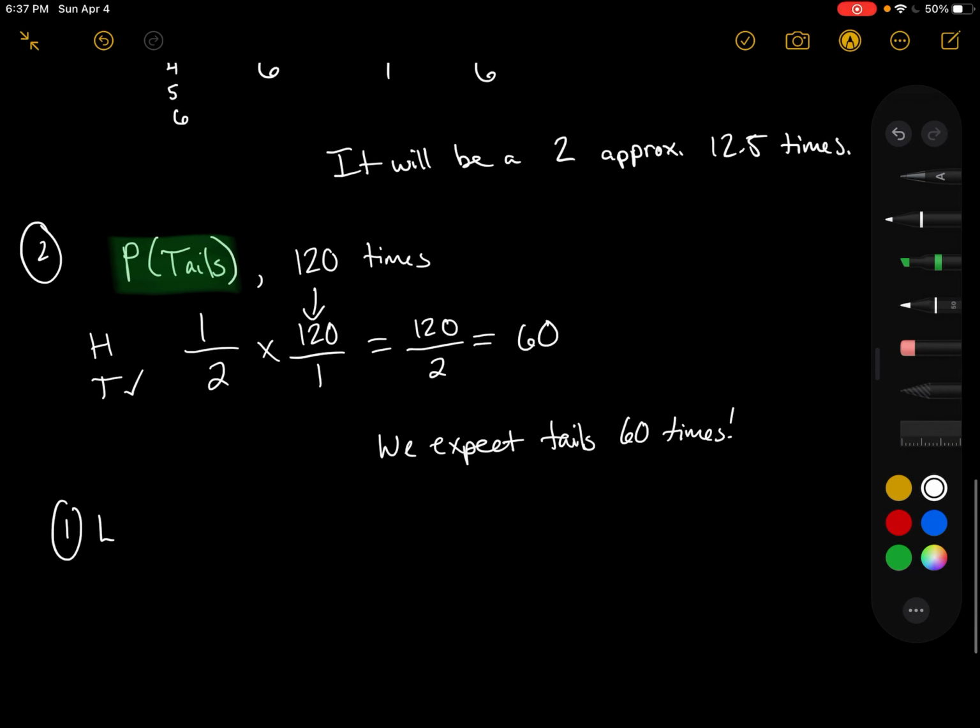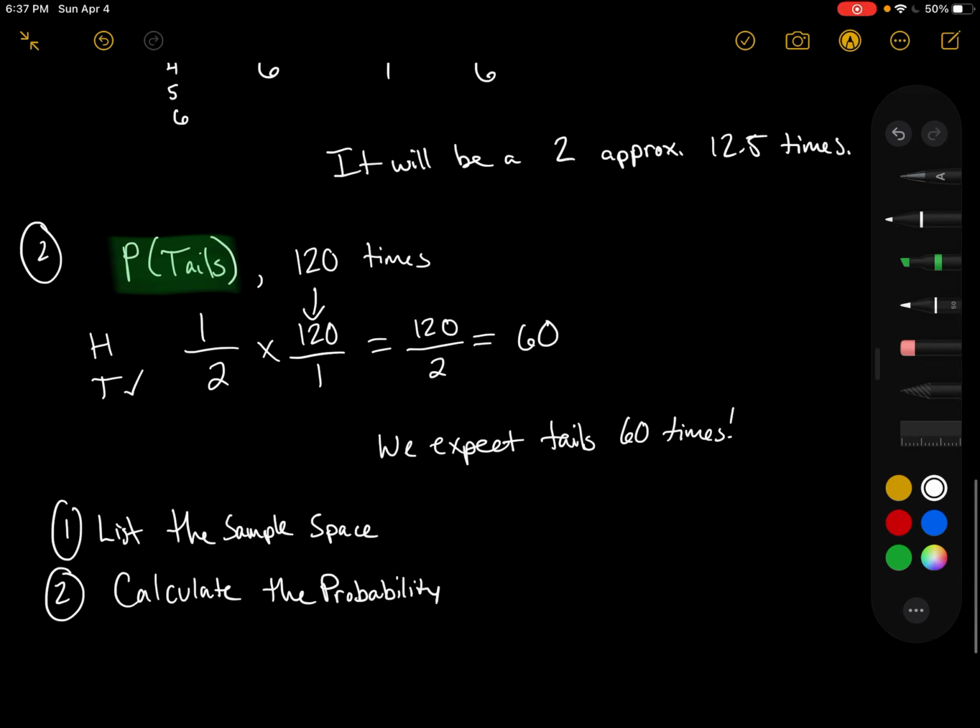So it won't be quite as easy to find these values necessarily, but I would say the steps that you should remember for this are list the sample space, calculate the probability, and then multiply by the number of times the event happens. If you follow those 3 steps, you'll be in good shape and you'll get the answer.